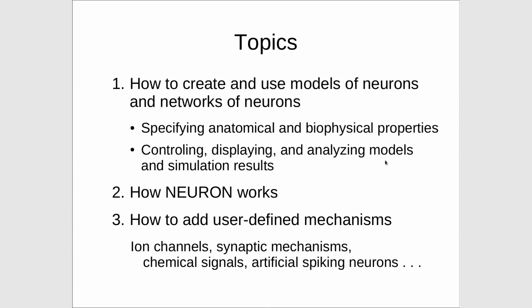And we're going to talk about how to expand NEURON's capabilities by adding things that it doesn't come with when you get it out of the box. So new ion channels, new synaptic mechanisms, new types of chemical signaling and interactions, and artificial spiking neurons, etc.